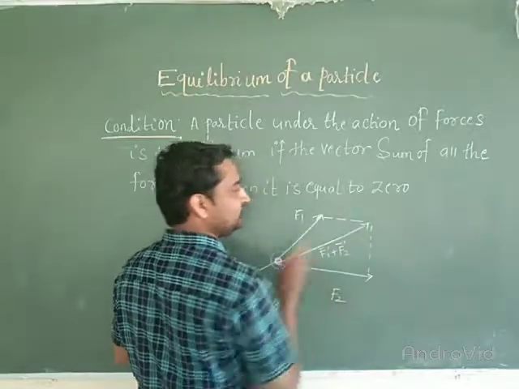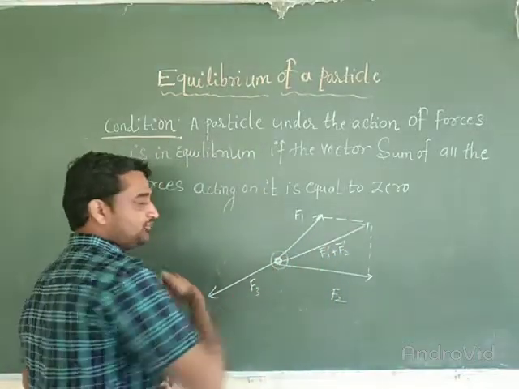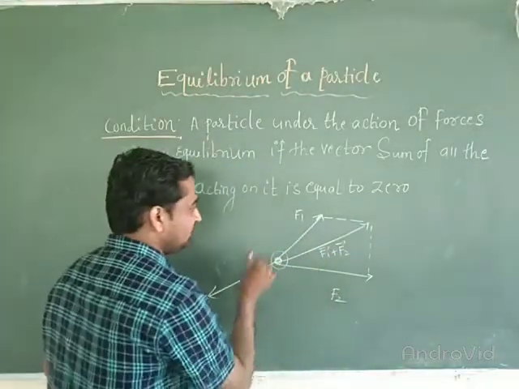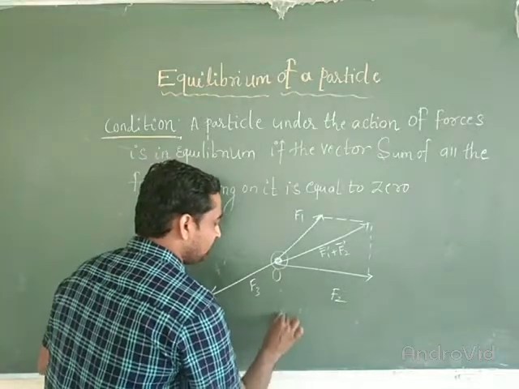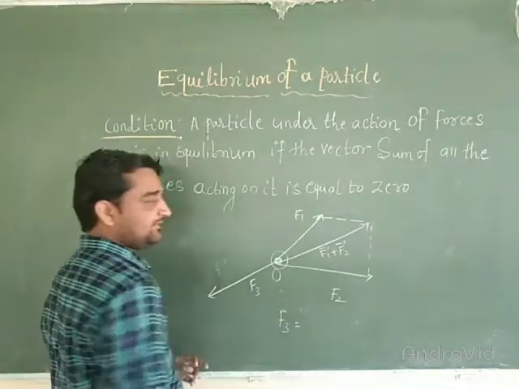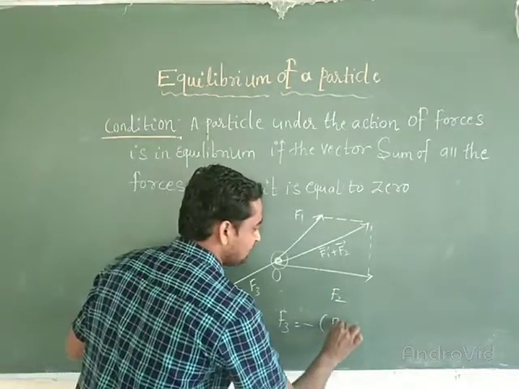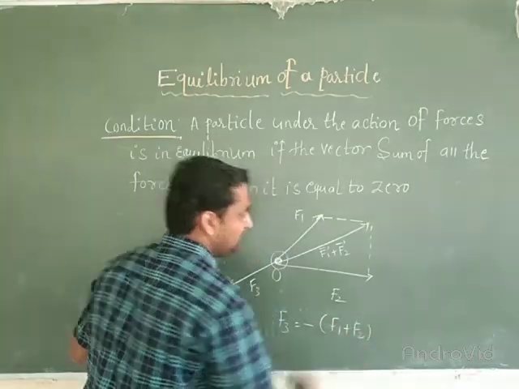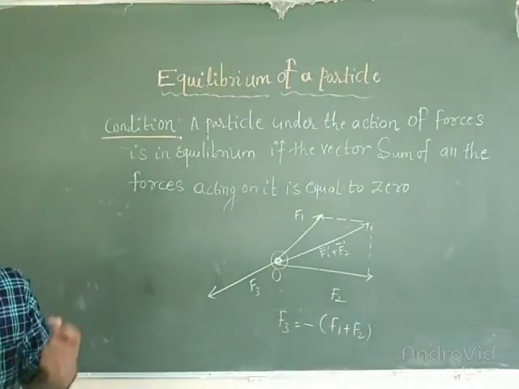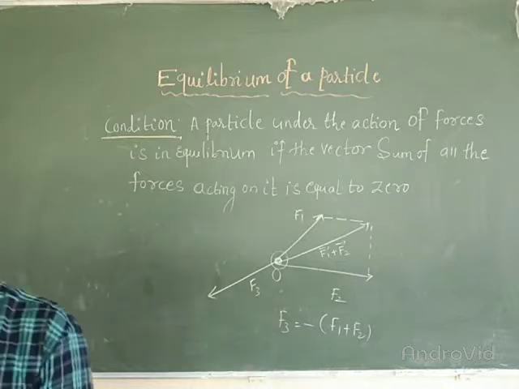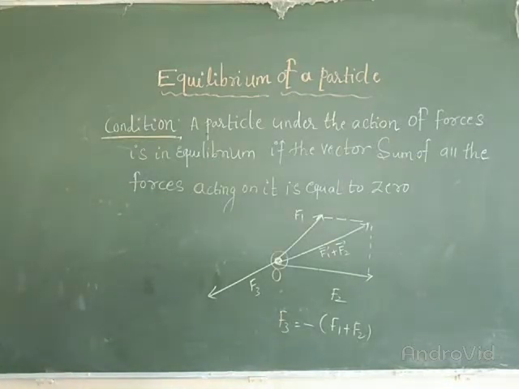F1 plus F2 acts in this direction, and F3 in the opposite direction. So when this body is in the state of equilibrium, F3 is equal to minus of F1 plus F2; it must act in the opposite direction, and their magnitudes must be equal. In that case, the body is said to be under the action of the equilibrium state.